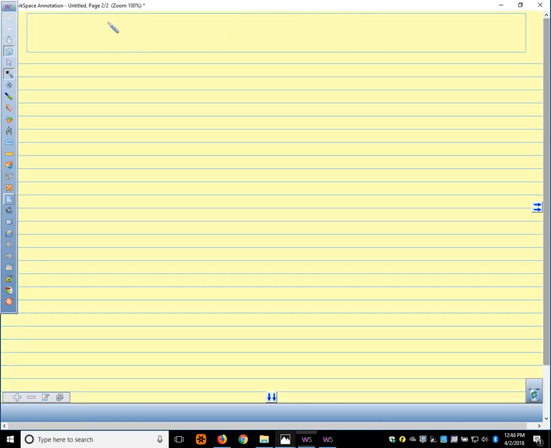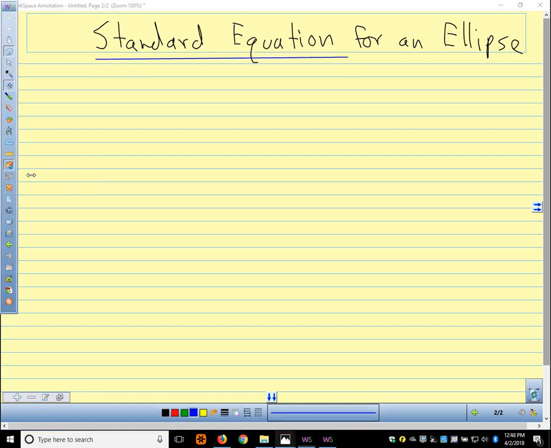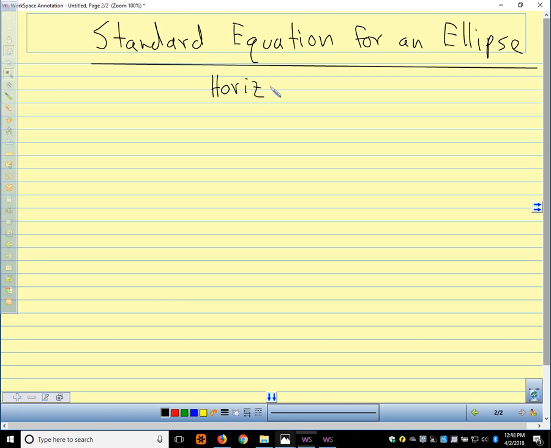Okay. So we're going to talk about our standard equation for an ellipse. And we'll start with a horizontal major axis. So let me grab a picture again.